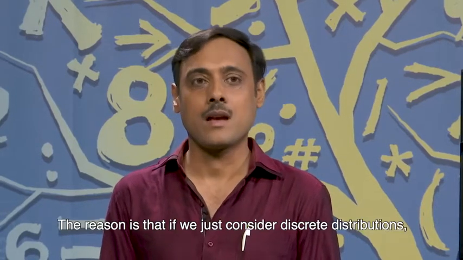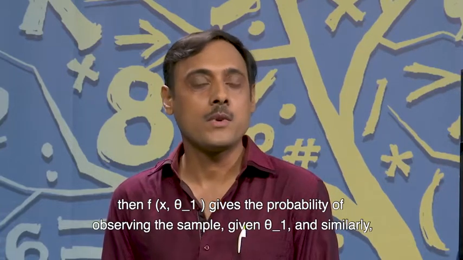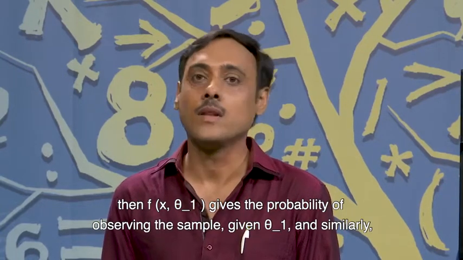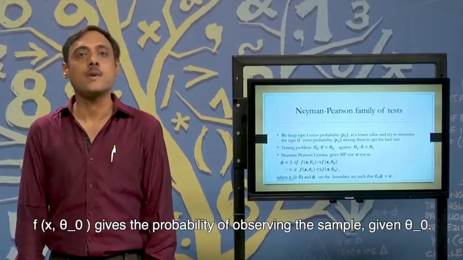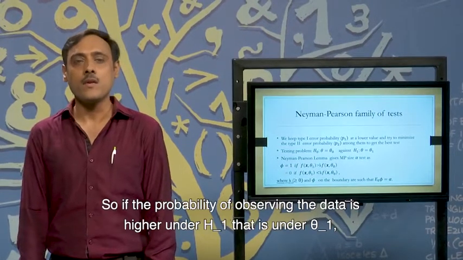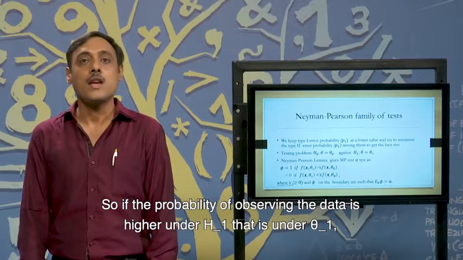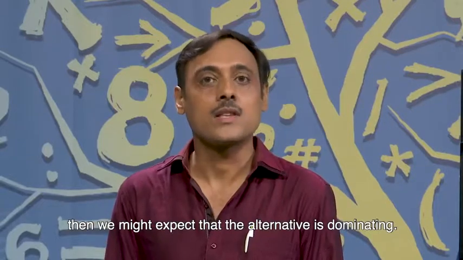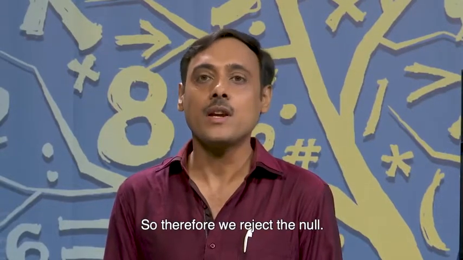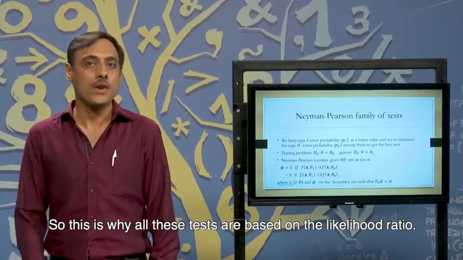The reason is that if we just consider discrete distributions, then f_X(x; theta 1) indicates the probability of observing the sample given theta 1, and similarly f_X(x; theta naught) gives the probability of observing the sample given theta naught. So, if the probability of observing the data is higher under H1, that is under theta 1, then we might expect the alternative is dominating. Therefore, we reject the null. This is why all these tests are based on the likelihood ratio.